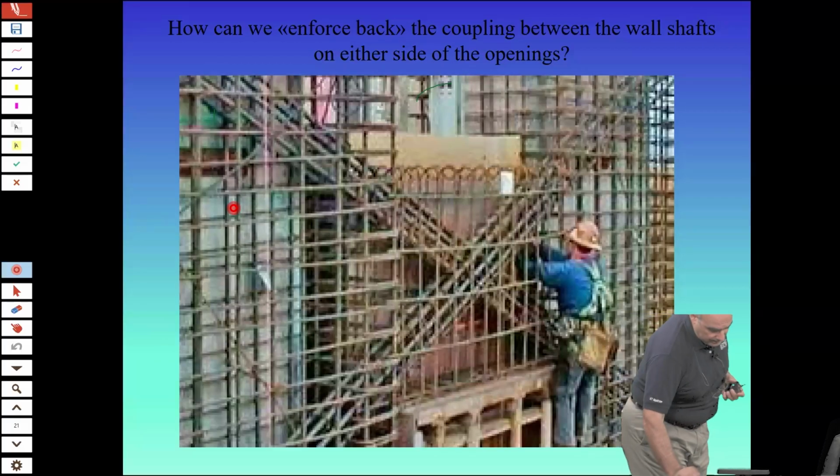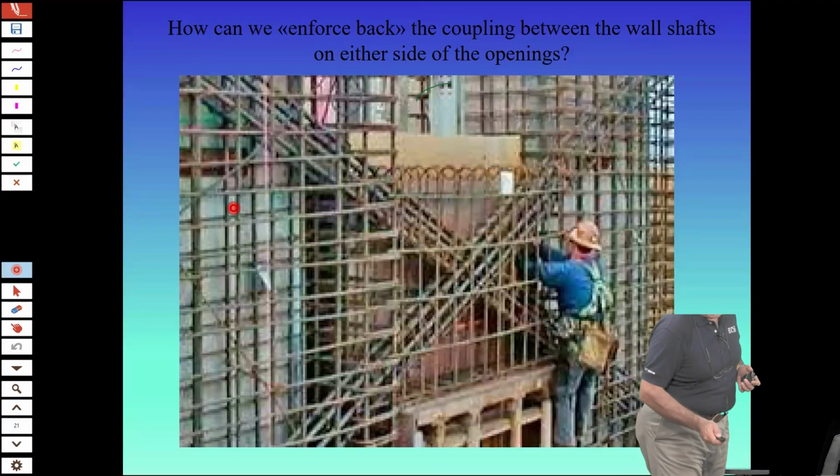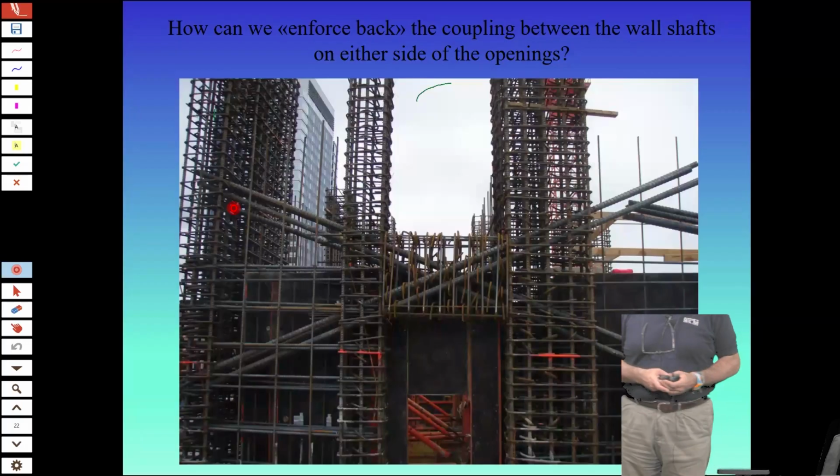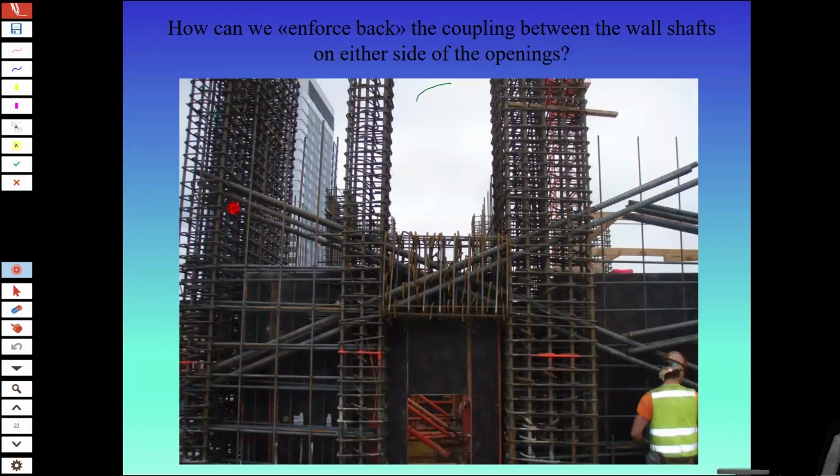So actually, I think I have some other pictures here. Well, you see here, the bond length, the development length, extends well upward into the top floor wall and downward into the bottom floor wall. Yeah, they are using very large size bars in this case.